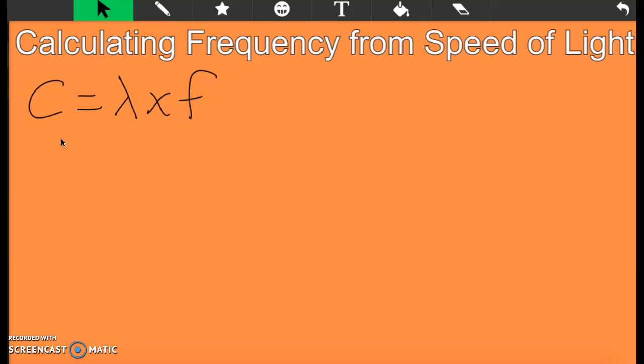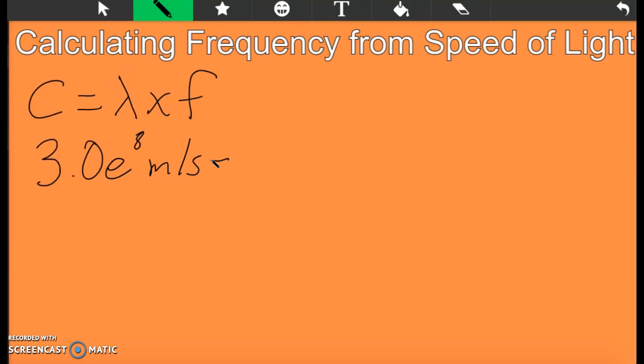So, whoops, constant never changes, 3.0 e to the 8th meters per second equals, this time we're going to pick a wavelength, let's say 2.5 e to the 4th meters times an unknown frequency. Exact same process.